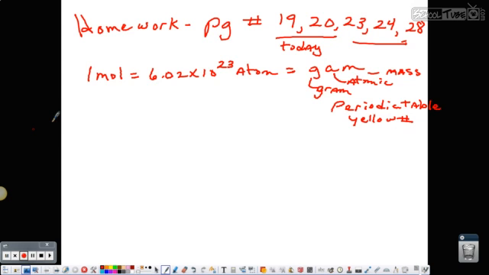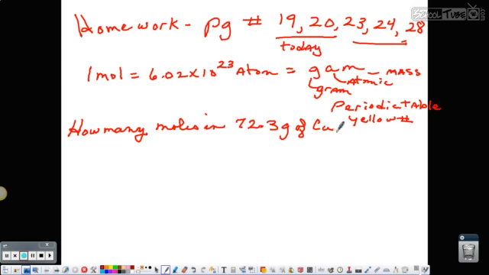Alright, so I'm going to make up some problems here of each type that you can have. The first one, how many moles in 72.3 grams of copper? Okay, so what are you looking for?